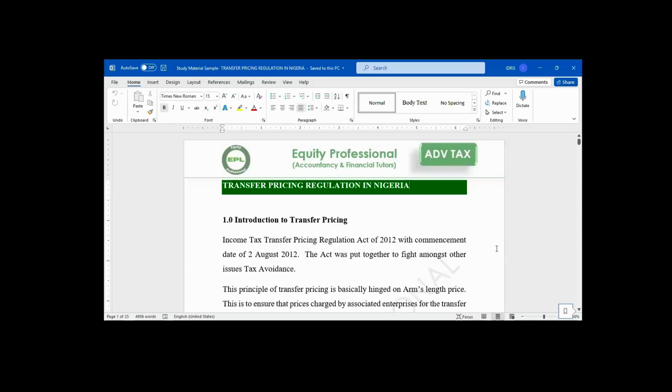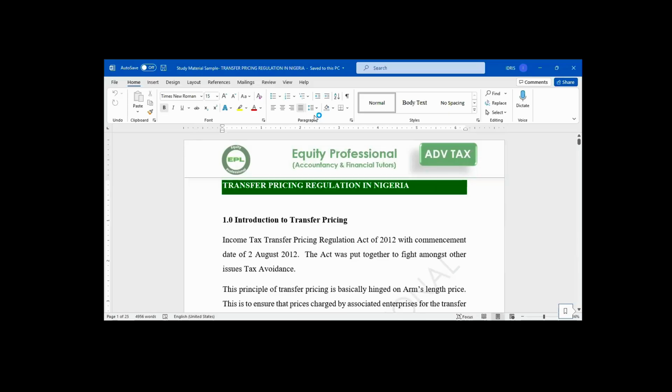As a result, the tax authority wants to ensure that when there is transfer pricing between two interrelated parties, the price is regulated so that it will not be an artificial price, but will be at arm's length price. So that is the reason why transfer pricing regulation was introduced.